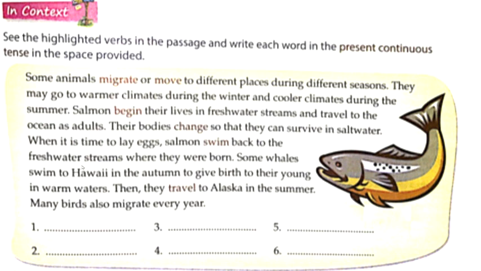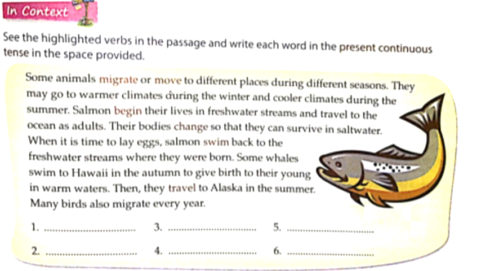When it is time to lay eggs, salmon swim back to the freshwater streams where they were born. Some whales swim to Hawaii in the autumn to give birth to their young in warm waters. Then they travel to Alaska in the summer. Many birds also migrate every year.